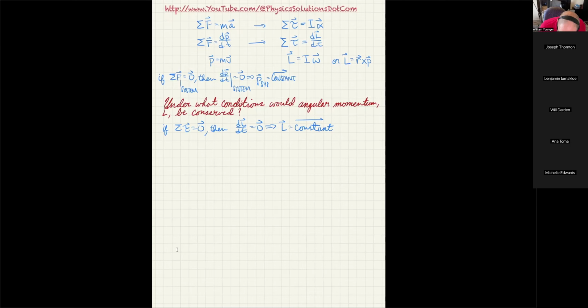So one type of conservation of angular momentum is L1 equals L2, and it's technically a vector quantity, so you can do that. What that means, though, is I1 omega 1 is equal to I2 omega 2.